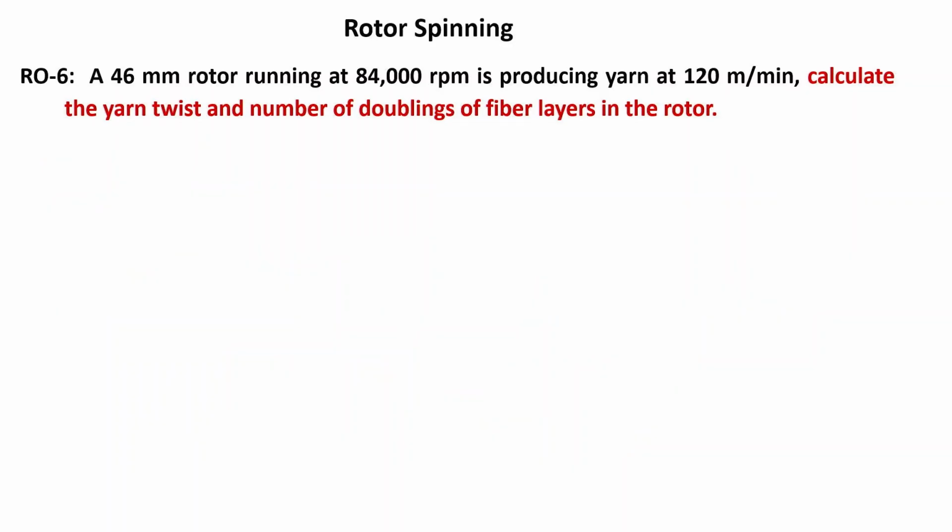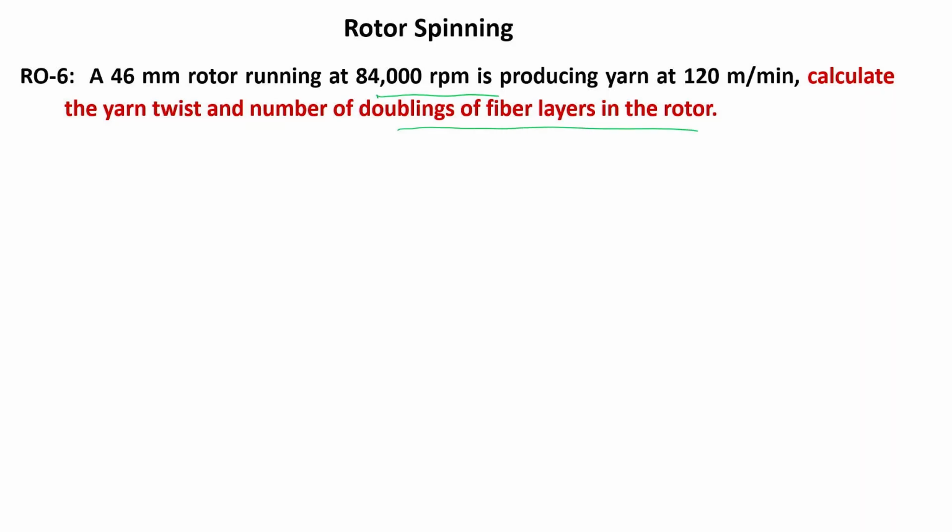Now, the next numerical is a 46 millimeter rotor running at 84,000 rpm is producing yarn at 120 meter per minute speed. Calculate the yarn twist and number of doubling of fiber layer in the rotor groove.